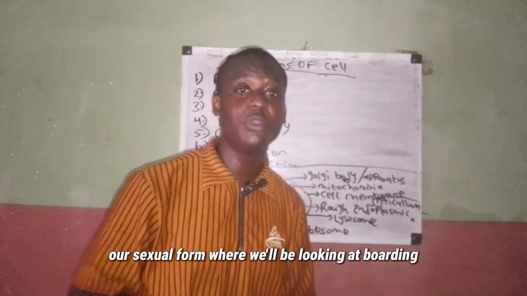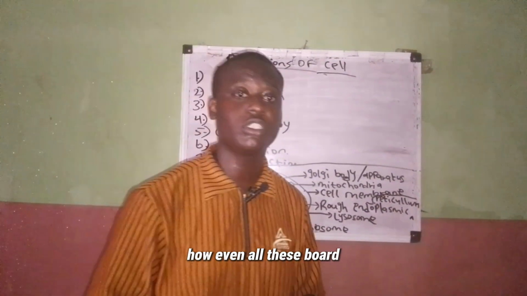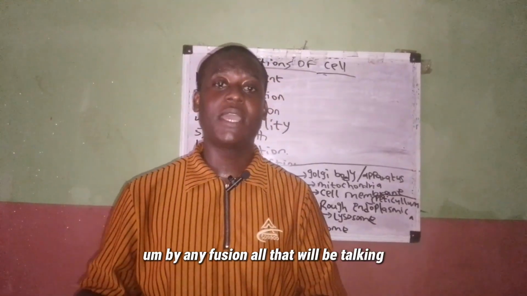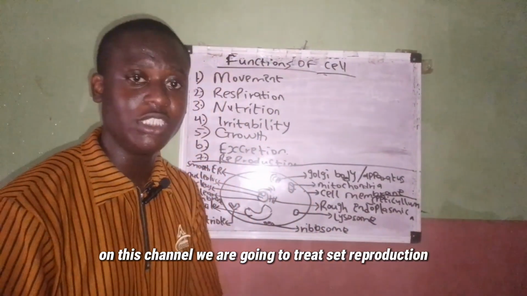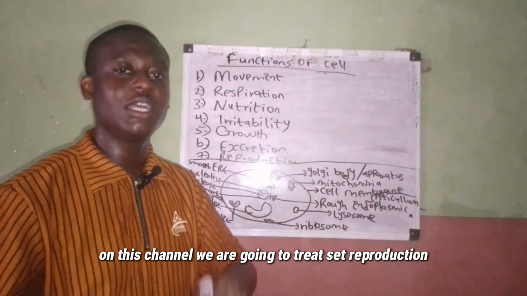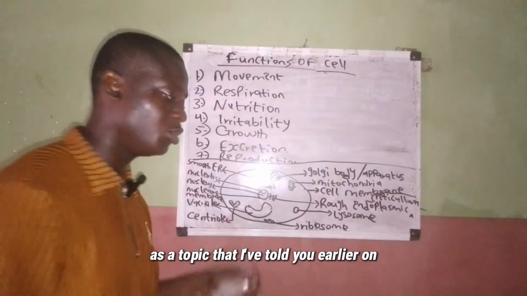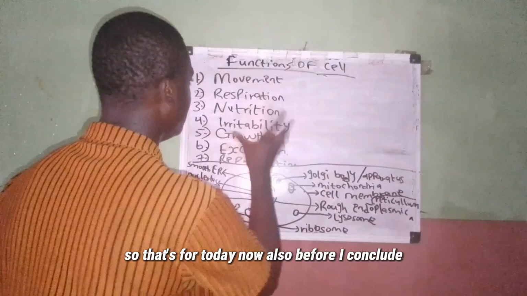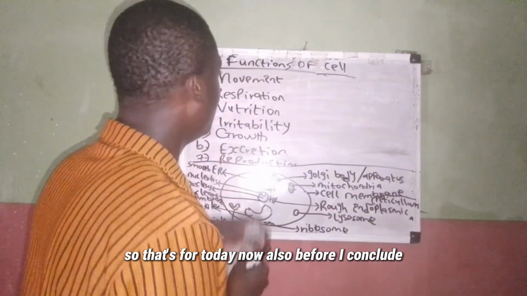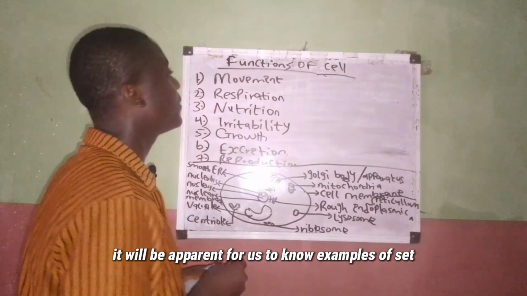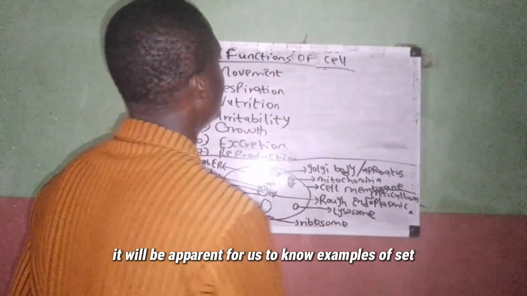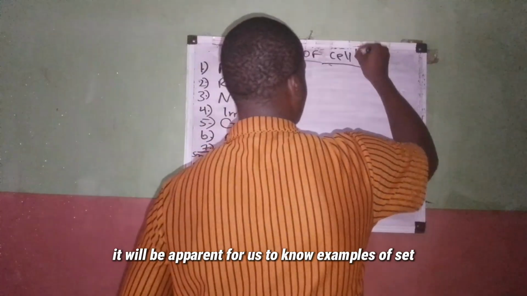In asexual form, we'll be looking at how living organisms reproduce, binary fission. All that we'll be talking about on this channel. We are going to treat reproduction as a topic, as I've told you earlier on. So that's for today. Now, before I conclude, it is apparent for us to know examples of cells.